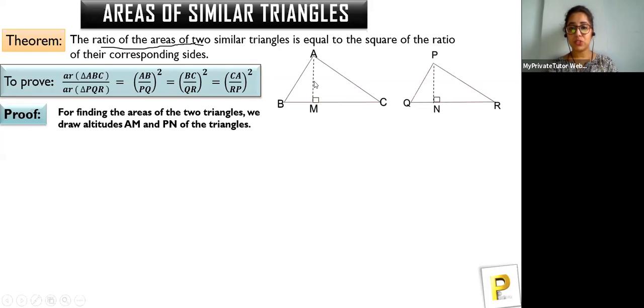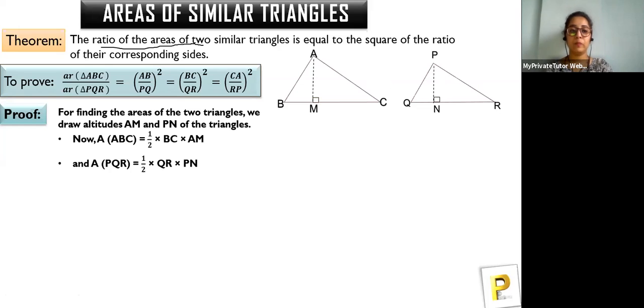For triangle ABC, AM is the altitude, and for triangle PQR, PN is the altitude. Now, area of triangle PQR is equal to half into QR into PN. So QR is the base and PN is the height.